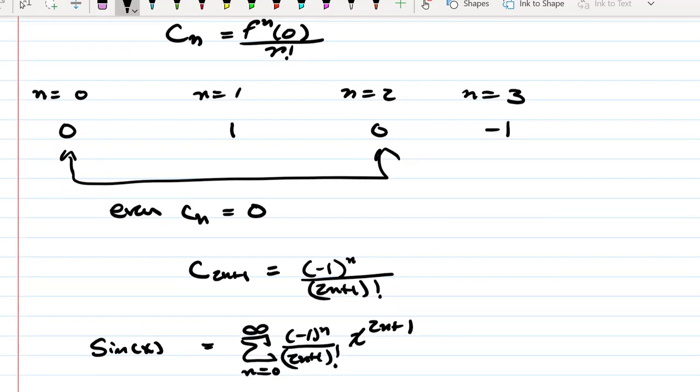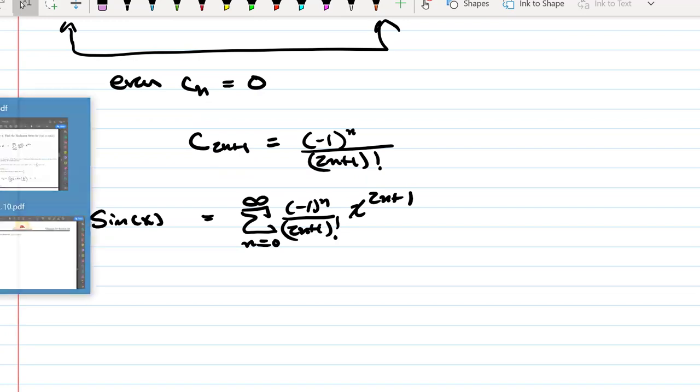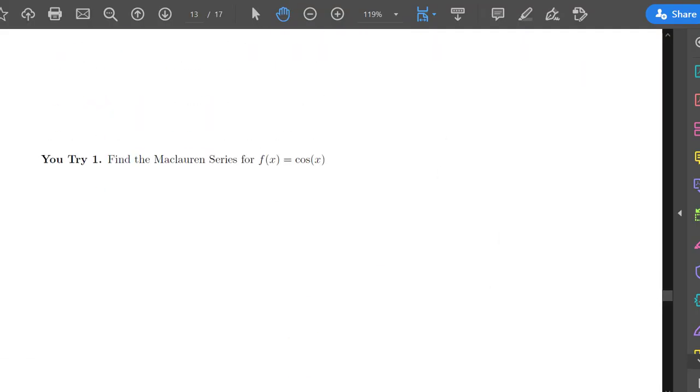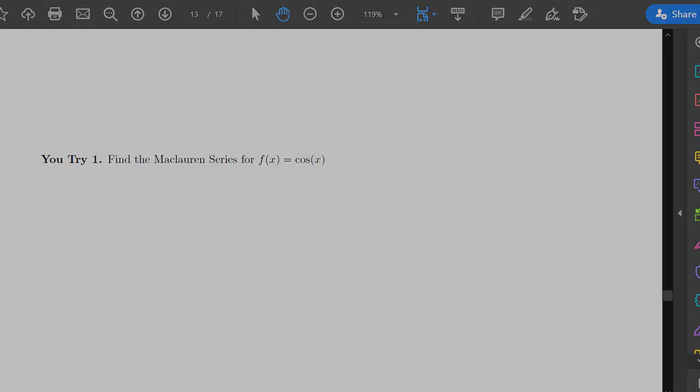And that would generate our Maclaurin series for sine x. All right, it's now your turn, so please go ahead and do the same thing.